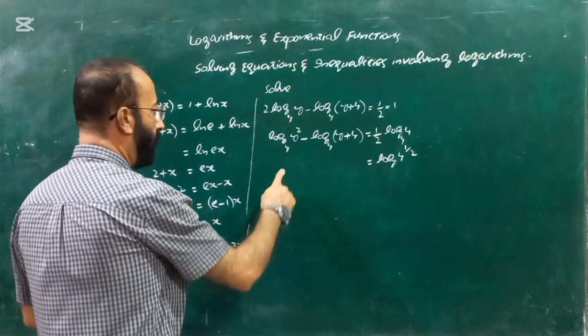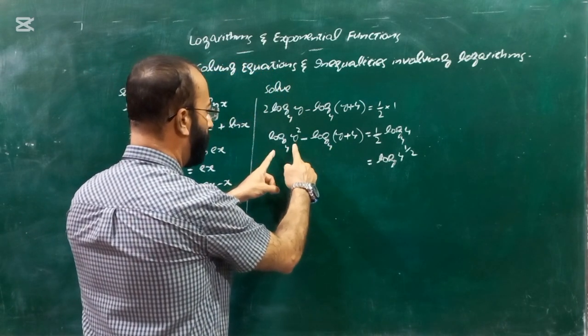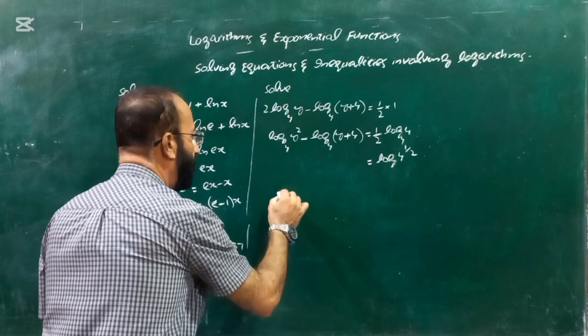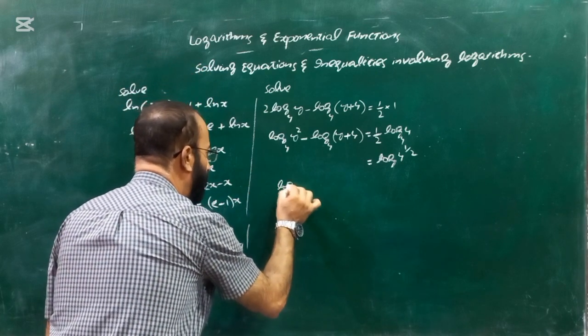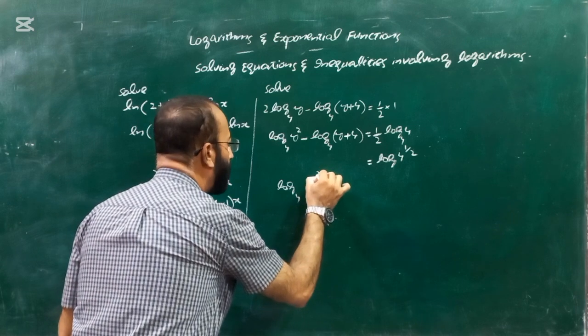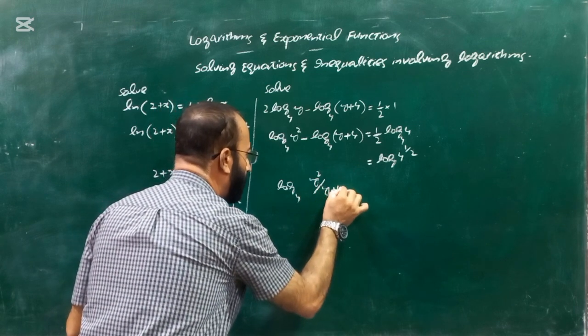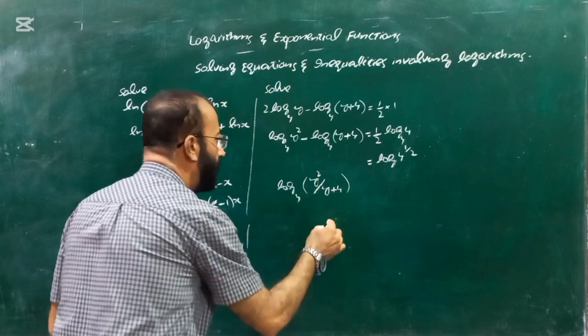Now, on the left hand side two logs are subtracting, so their values will be divided by each other. So we will write log base 4 one time and y raised to power 2 divided by y plus 4. So a rule is applied here.